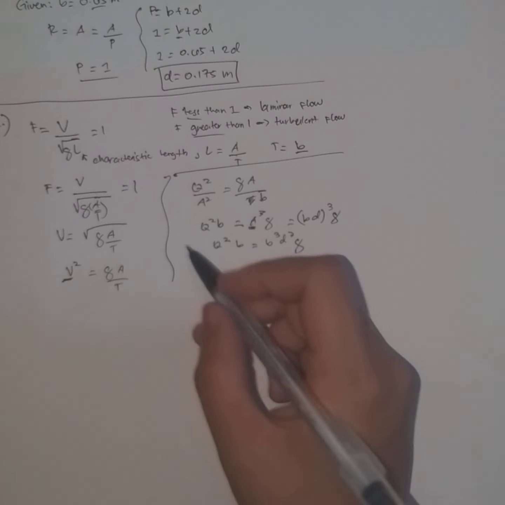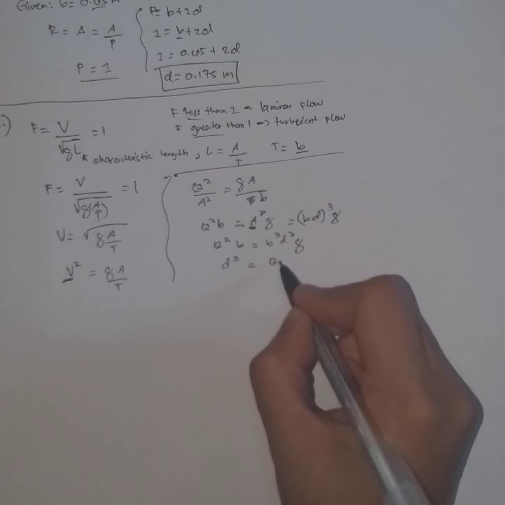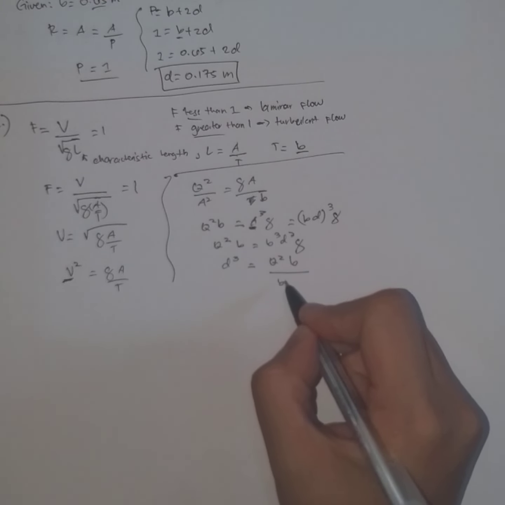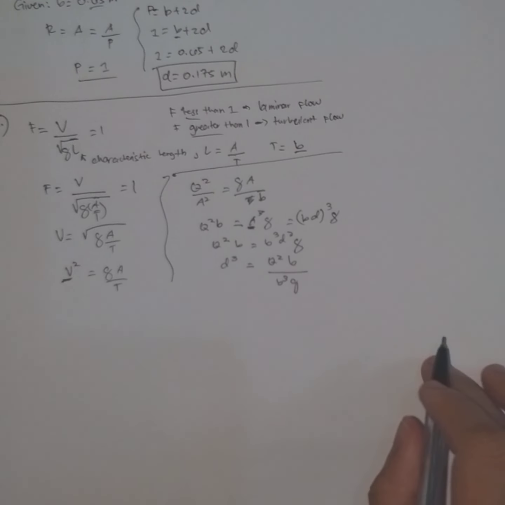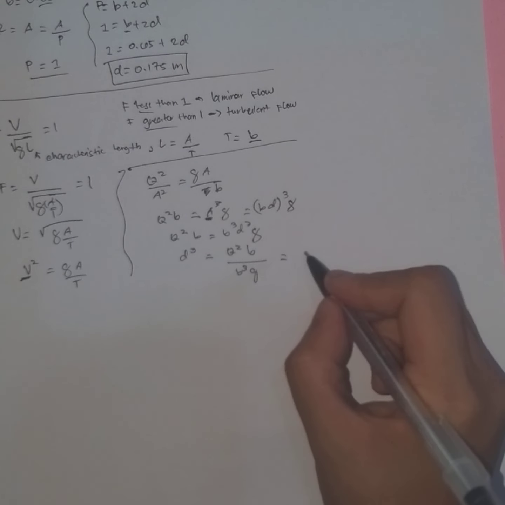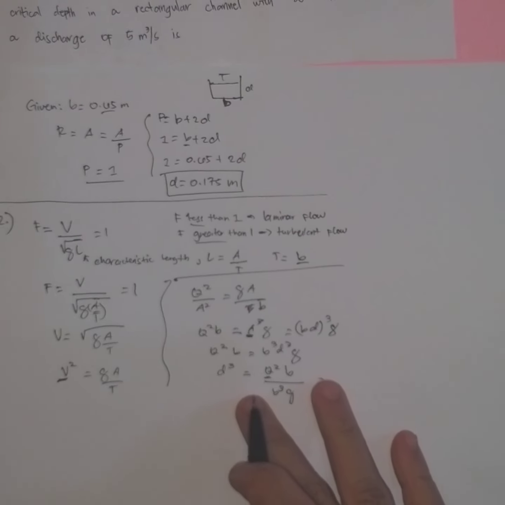So let's find the depth. That is D cubed equals Q squared over B cubed g. Okay. So that's 5, right? Because this is given.